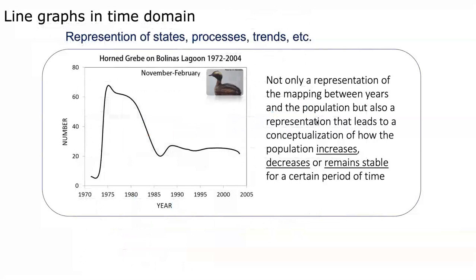So, for example, I picked one specific type of statistical graph, which was line graphs in the time domain. Then I noticed that these graphs actually represent state processes and trends. For example, if you read this text here, there are certain terms like population. This is a population graph in a lagoon.